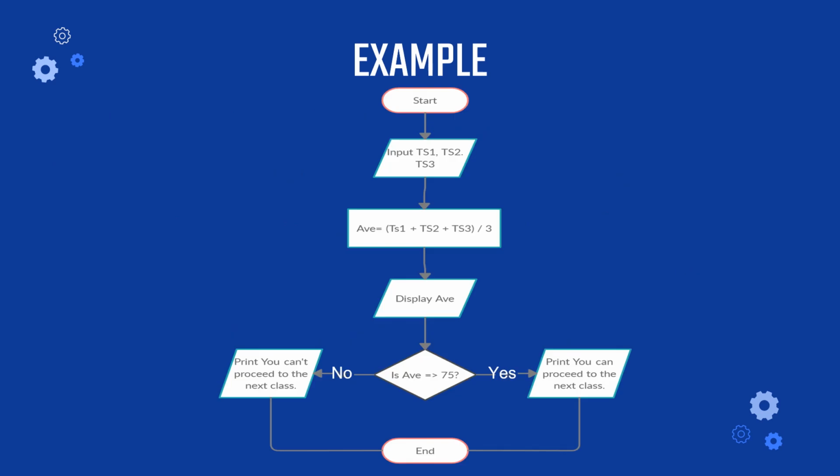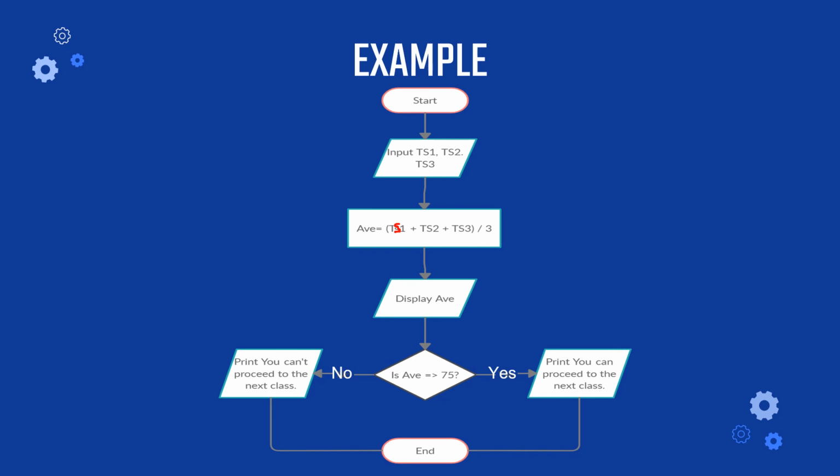So, paano yun? So, ganito po. We will input the test score 1 or TS1, pwede ring input X, Y, and Z, or input X1, X2, X3. So, depende sa inyo. So, ang ginamit ko dito is TS1. Input test score 1, test score 2, test score 3. And then average. Kung mapapansin nyo dito, kailangan capital letter po itong S, kasi capital letter din yung ginamit po sa taas.